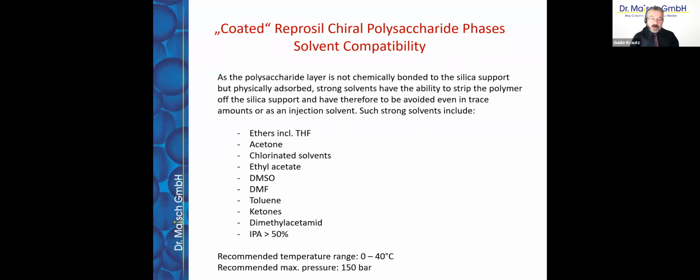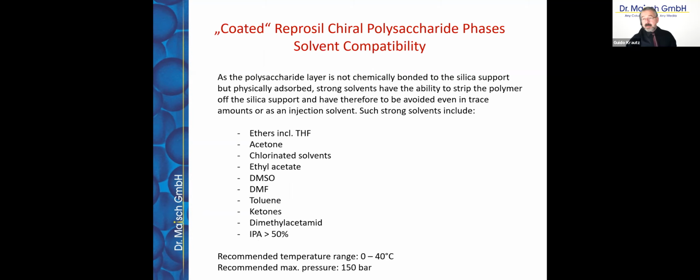So these solvents should not be used with coated stationary phases. And that includes ethers, especially THF, acetone, any chlorinated solvents, ethyl acetate, DMSO, DMF, toluene, ketones, dimethyl acetamide, and IPA in a concentration of more than 50%.